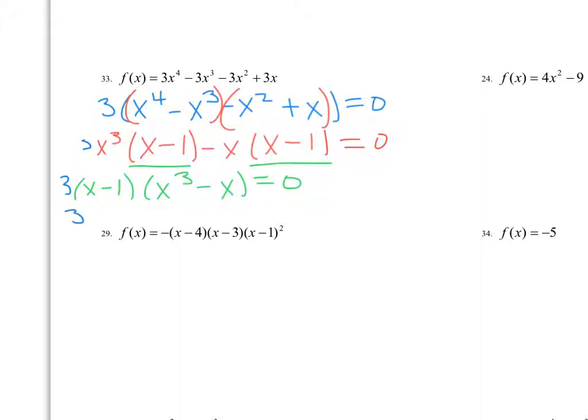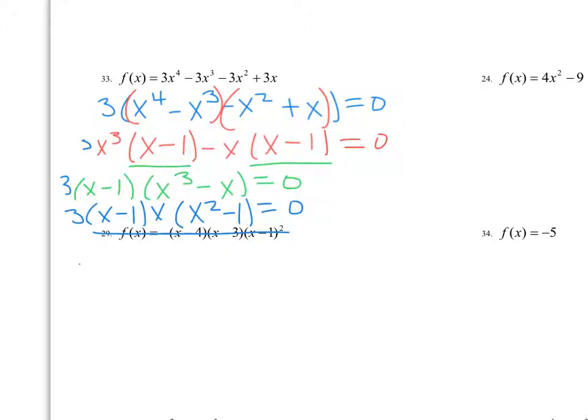We get 3 times the x minus 1, and then we can factor out an x from x cubed minus x, and then we're going to have x squared minus 1 equals 0. I've run out of room, so I'm going to delete that and keep going here.